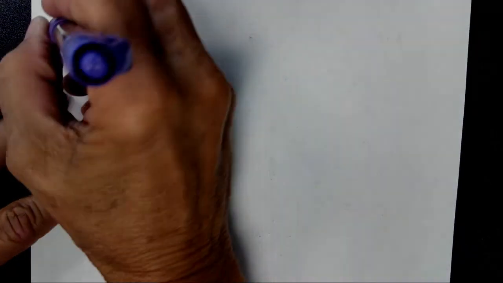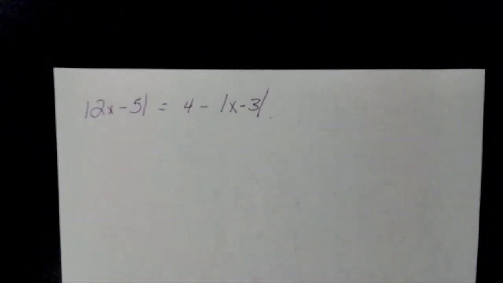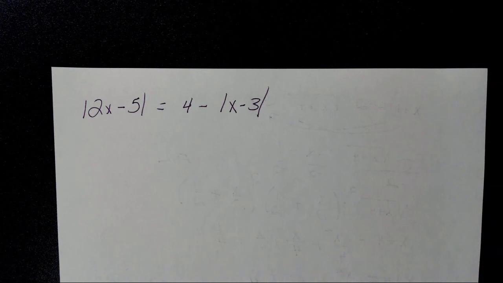Okay? All right. One more problem. Number 41. What kind of equation is this? Absolute value. What's the domain? All real numbers.